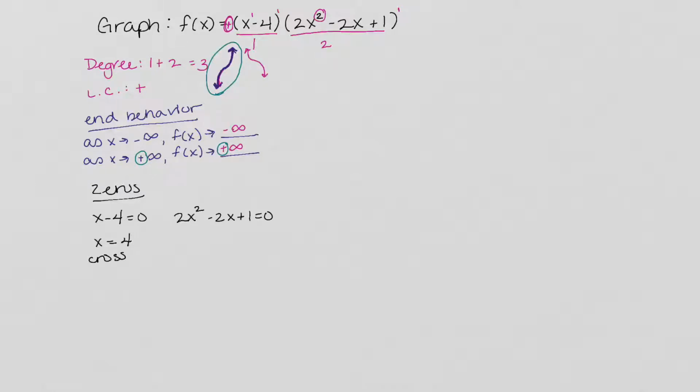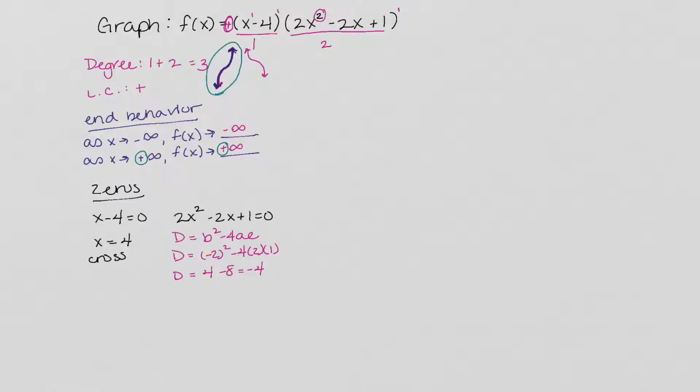That method is called the discriminant, which I know you guys have just been waiting to use again. Remember that that's b squared minus 4ac. So the discriminant for this quadratic is negative 2 squared minus 4 times 2 times 1. That is 4 minus 8, which is negative 4.